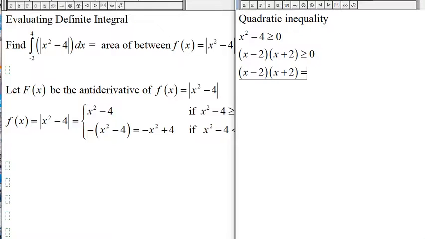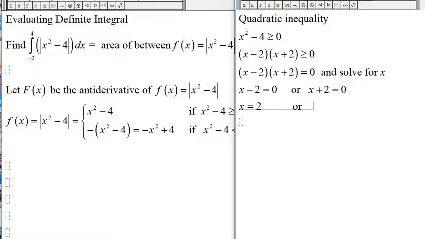So the corresponding equality, just make it equal to 0, and then solve. So we get x minus 2 equal to 0, or x plus 2 equal to 0. And then add 2 to both sides. So we get x equal to 2. And here, subtract 2 from both sides. So we get x equal to negative 2.